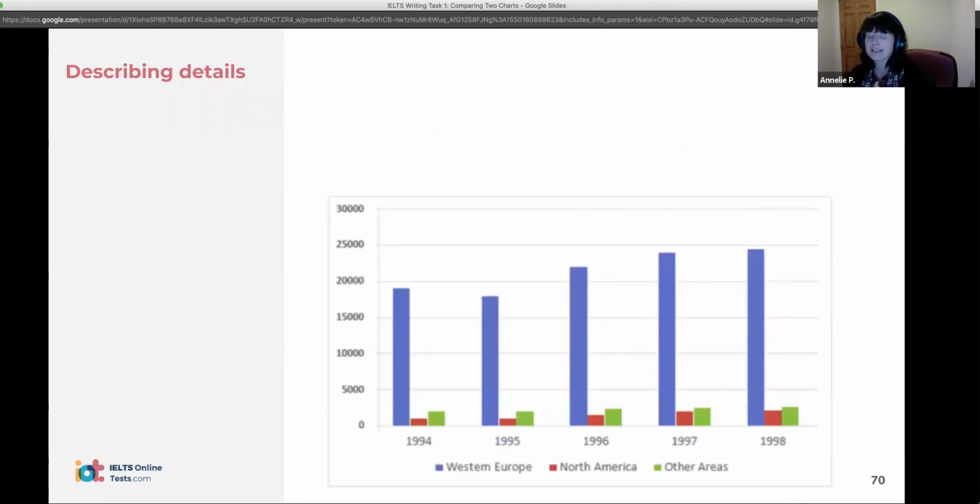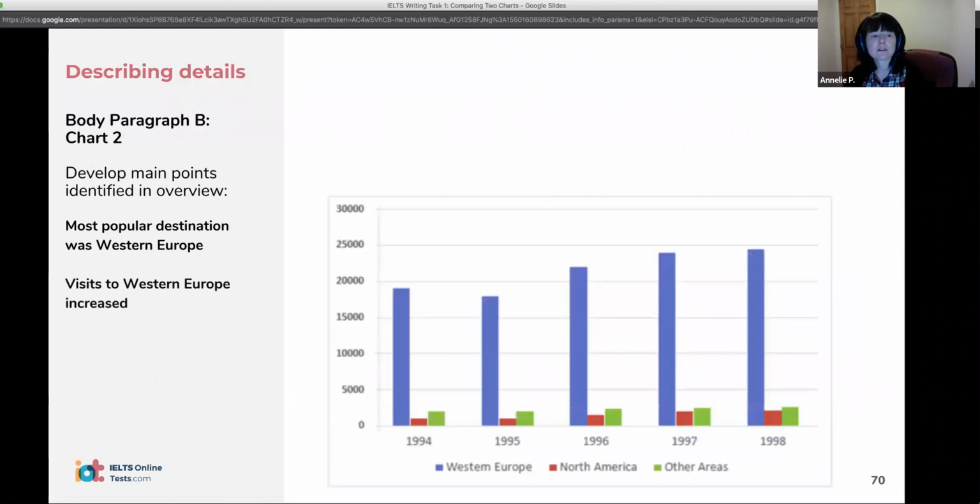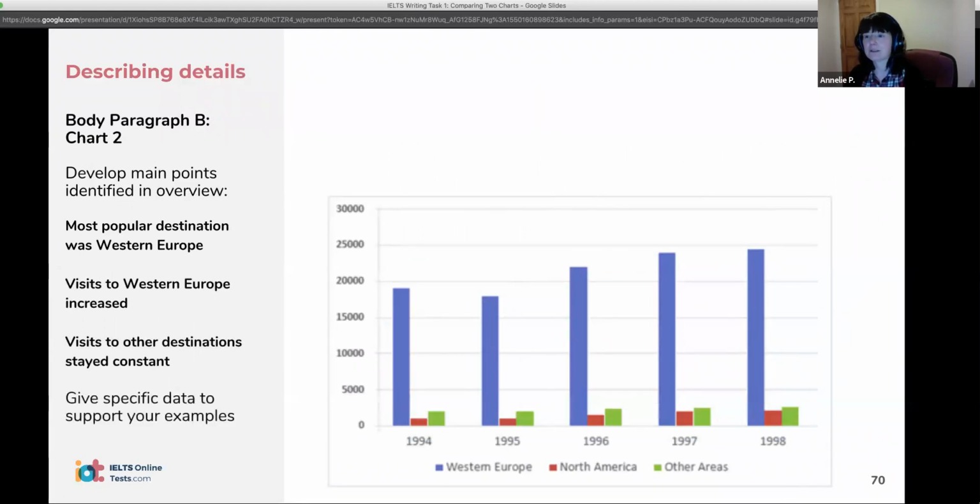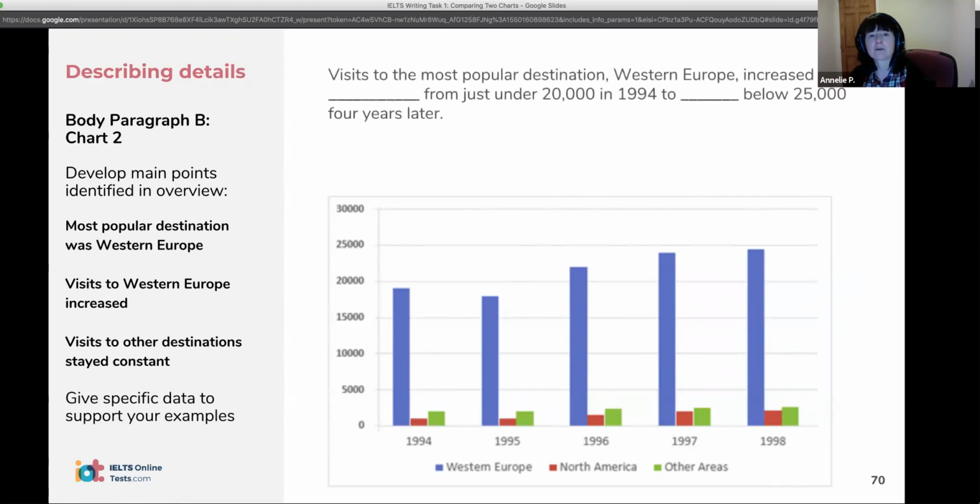Then we need to do the same thing for the bar chart. Okay, so we develop our overview, just to remind you there, and we give specific numbers, very, very important. Okay, so we have this: visits to the most popular destination increased.